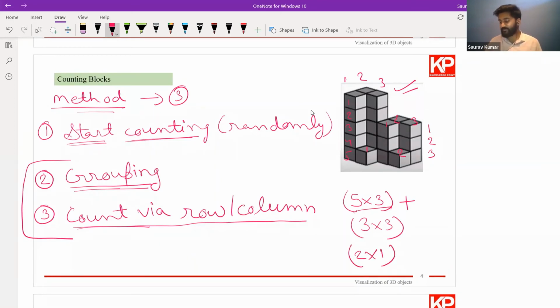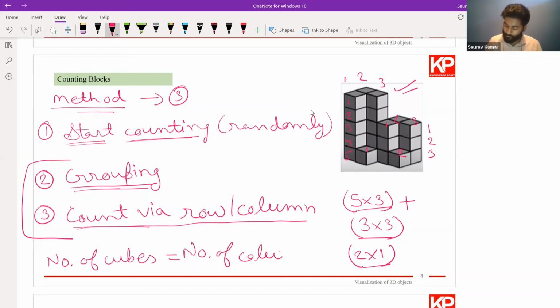You simply multiply them, you add them, you will get the total number of blocks in this particular composition. So you can say number of cubes would be equal to number of columns, like these columns, multiplied by the number of cubes in any one column.